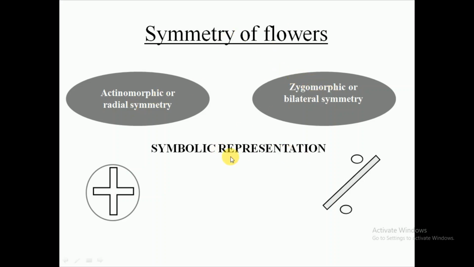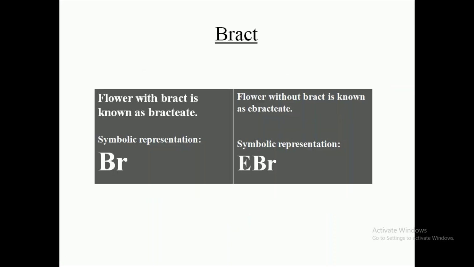The symbolic representation for actinomorphic is an addition sign within a circle, and the zygomorphic representation is with a percentage sign. Next I am going to talk about the feature of a leaf at the pedicel. If a leaf is present at the pedicel, it is known as bracteate, or we call it a flower with bract.